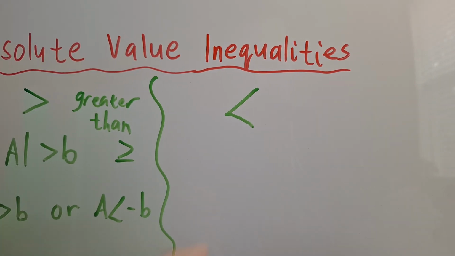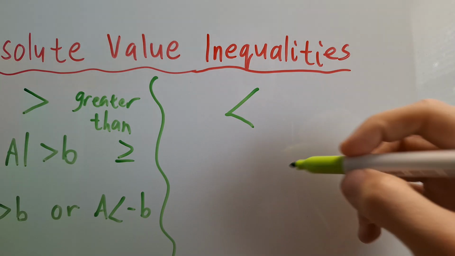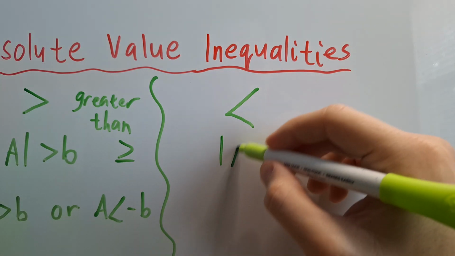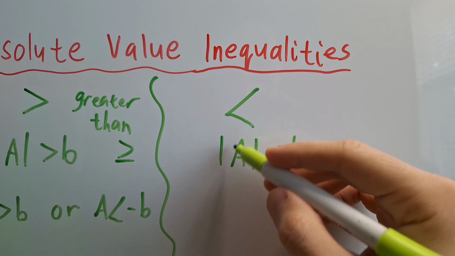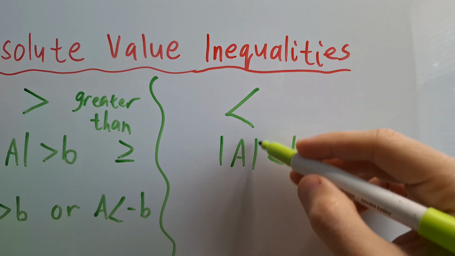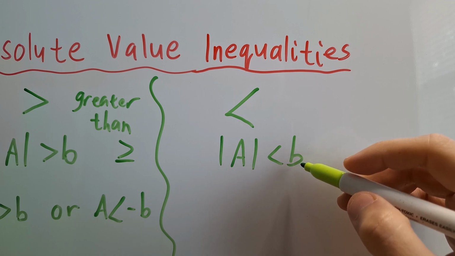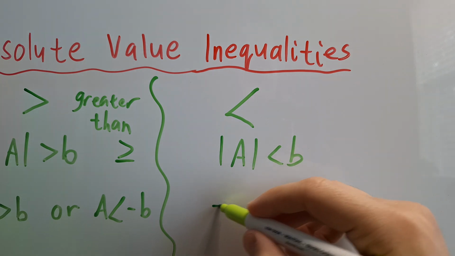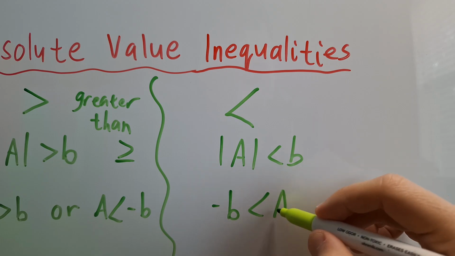What about when it's less than? Because this one's a little bit different. Whenever you have your variable expression in the absolute value symbol less than a positive number, you're going to solve the compound inequality as such.